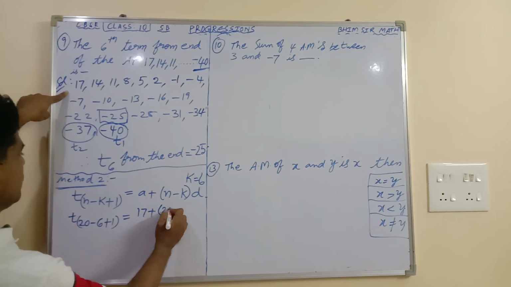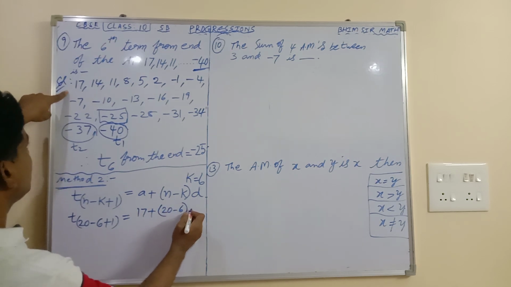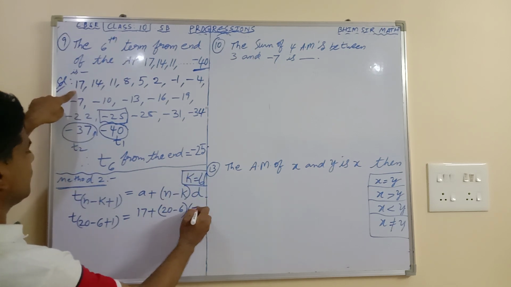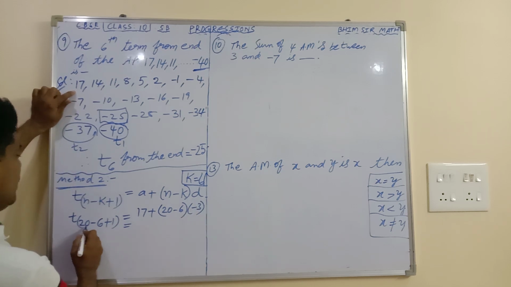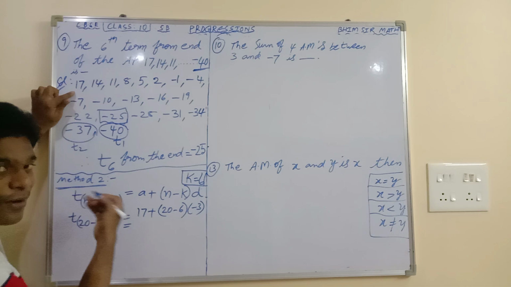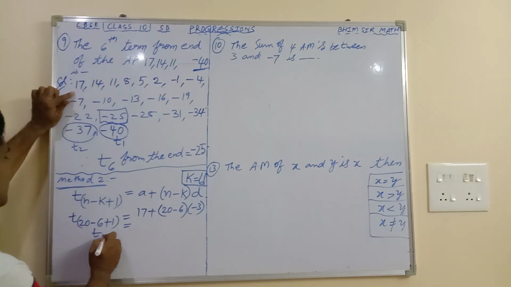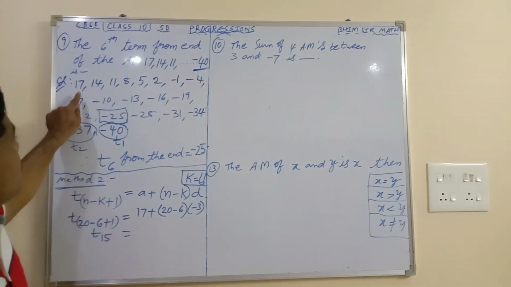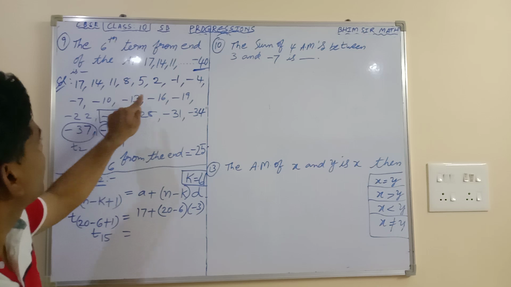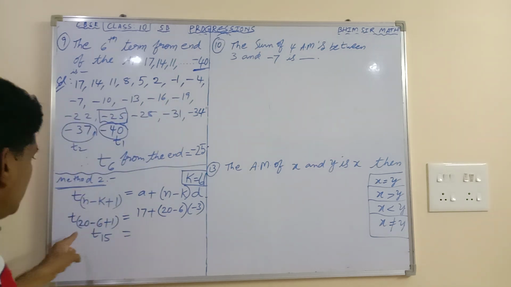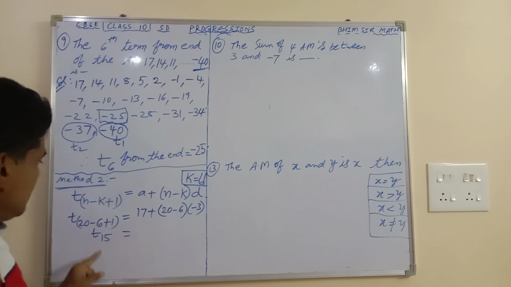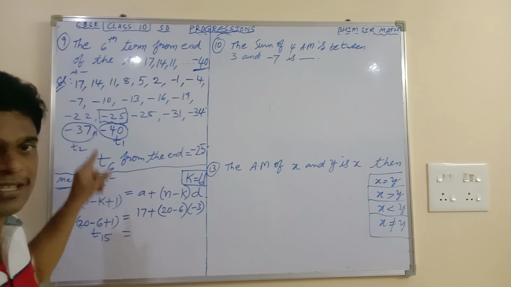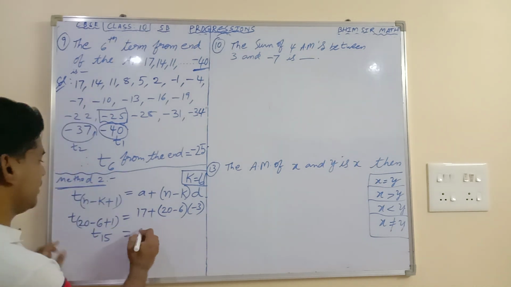D value is 14 minus 17, T2 minus T1, which is -3. So 20 - 6 is 14, 14 + 1 is 15. So directly we got T15. If you observe clearly, the 6th term from the end of the AP is nothing but the 15th term from the starting.